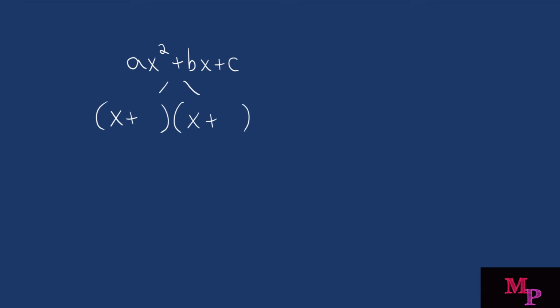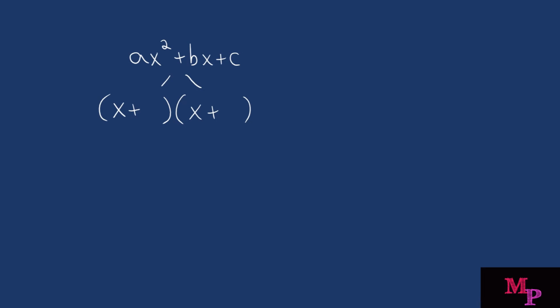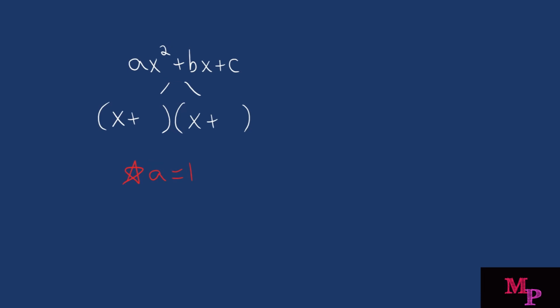And this is a very helpful form when you're trying to solve for the quadratic or just rearrange it to an easier form. Before you could go ahead and use this method, however, a has to be equal to 1. So that is one of the requirements for this method. Also, just a piece of advice, if your equation has complicated numbers and long decimals, then I recommend not using this method, right?